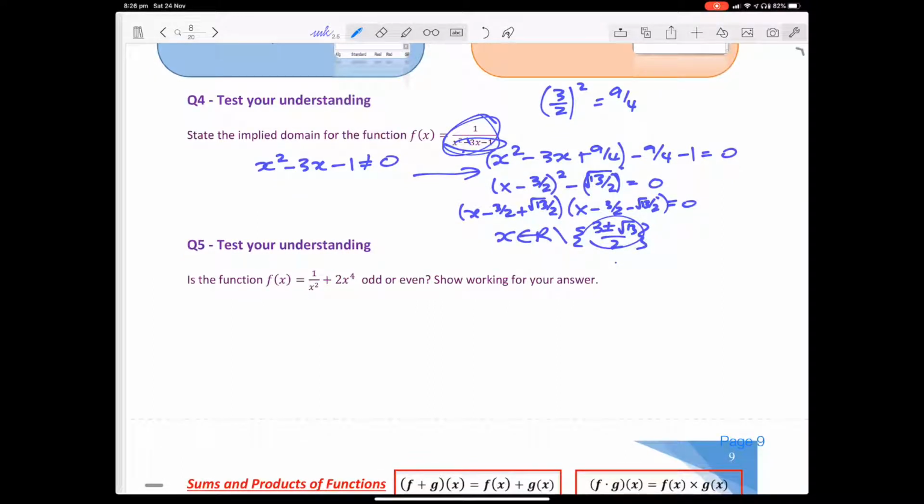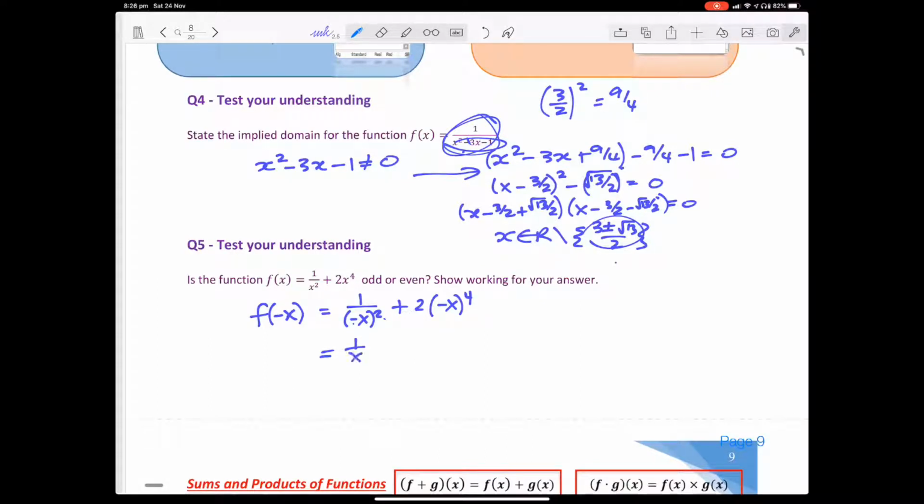Okay, this function here, is it odd or even? Well, just looking at it, we know we've got a 2 and a 4 as powers, so we know it's going to be even. But it says show working for your answer, so f of negative x equals 1 on negative x squared plus 2 negative x to the 4. What happens when I square a negative?